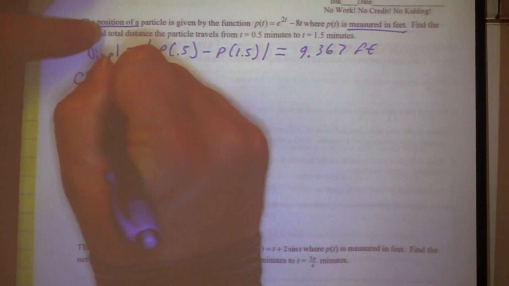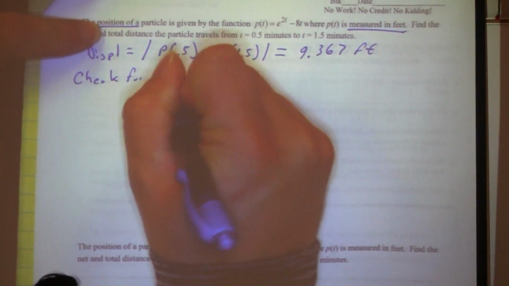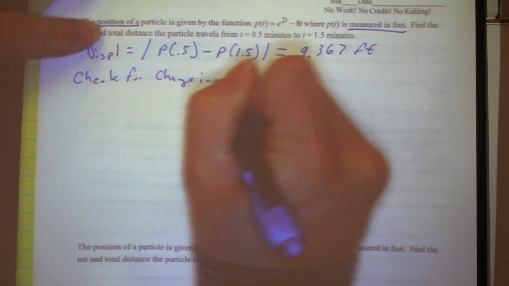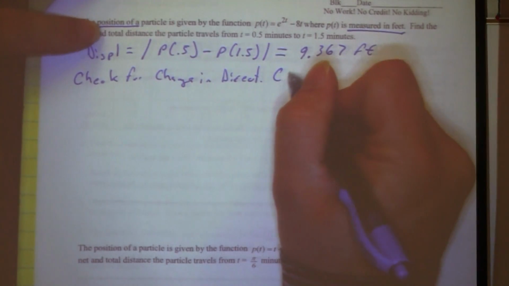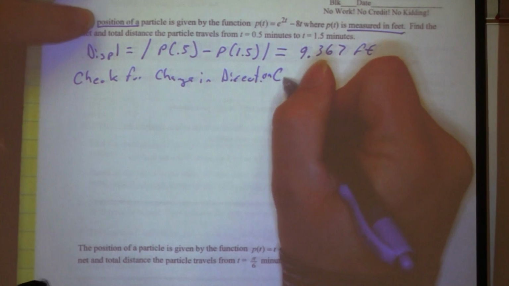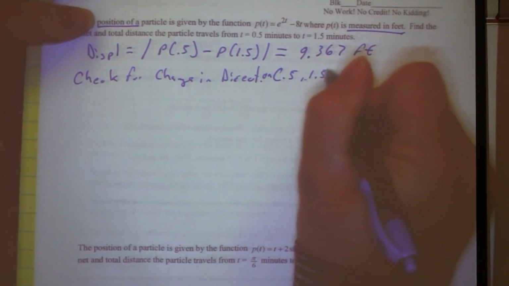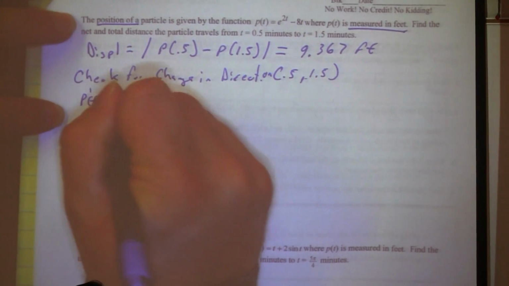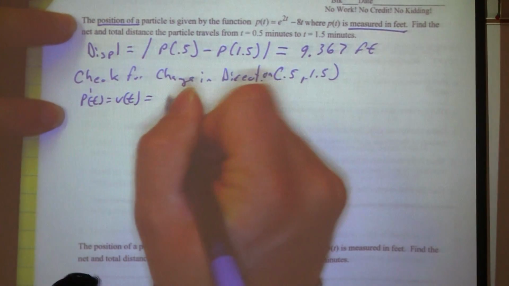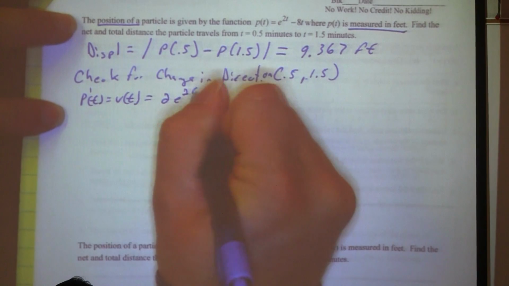Alright. So check for change in direction on the interval 0.5 to 1.5, right? So we're going to find p prime of t, which is the same as the velocity. And you said that was 2e to the 2t minus 8?